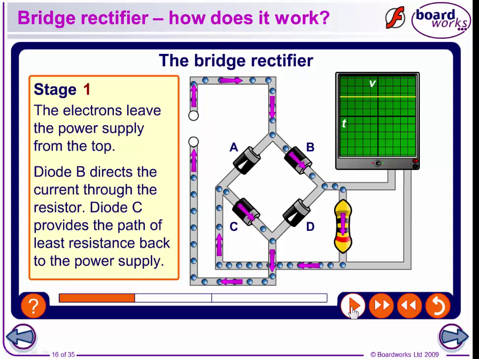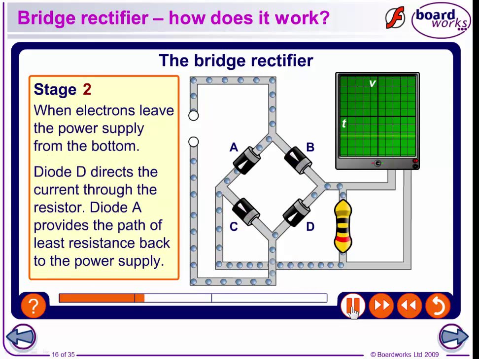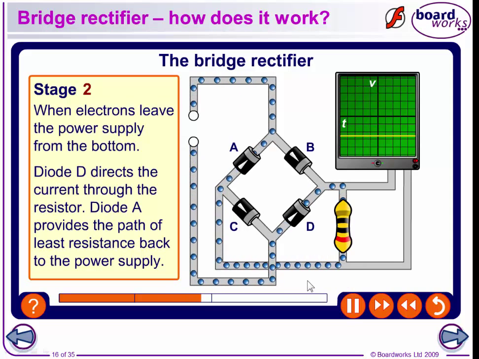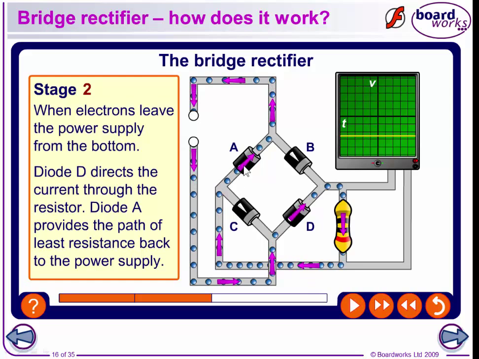Then the current will go in the opposite direction. When current leaves the power supply from the bottom, diode D directs the current through the resistor, and diode A enables it to go back to the power supply. Notice that B and C will always block because they're reverse biased.